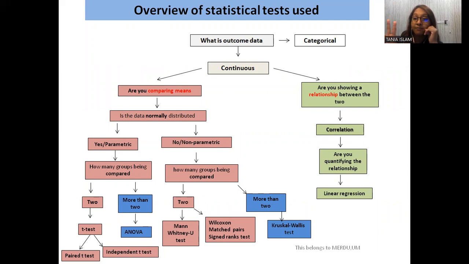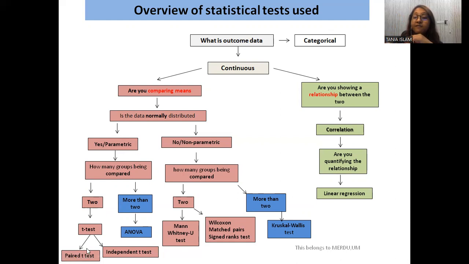It may be a paired sample, but two groups you are comparing. The mean exam score of the same student in year one and year two. So it's two groups we consider, but the paired one is the same student.